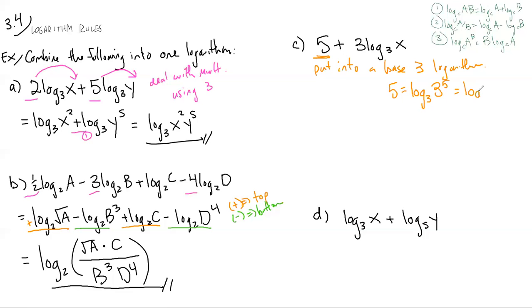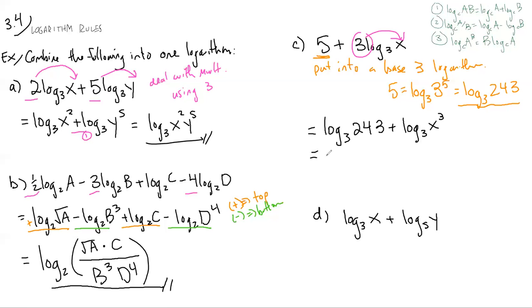So that is actually going to be log base 3 of 3 to the 5, which is, I think, 243. Yeah. So that tells me how to do that. So I can actually rewrite this as log base 3 of 243 plus, I'm going to put that 3 into the exponent for the x there, so that'll be x cubed. And now I can just combine with the first rule. So I'll get log base 3 of 243 x cubed, like this.